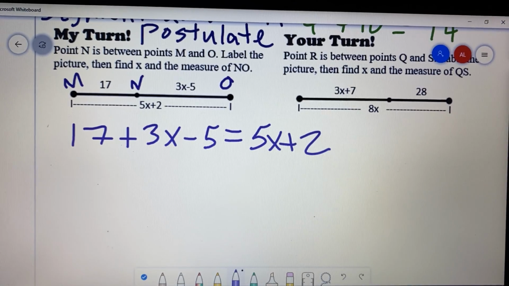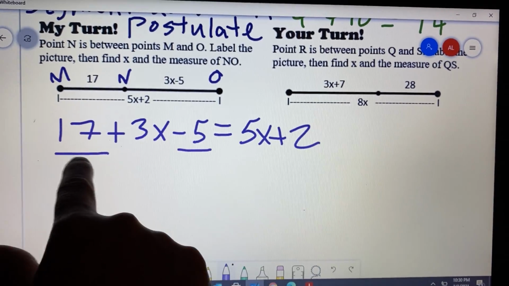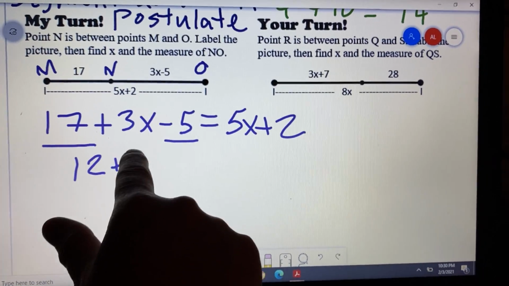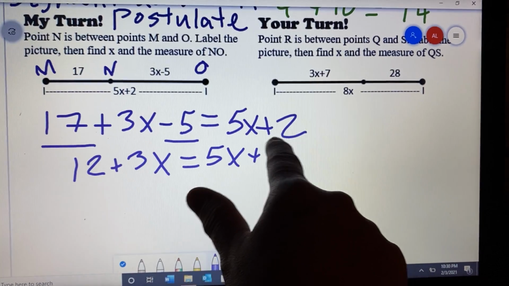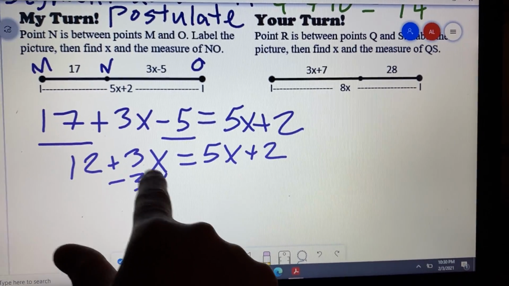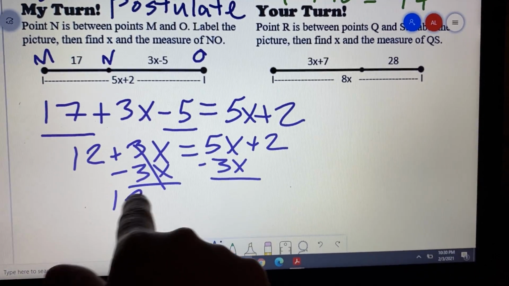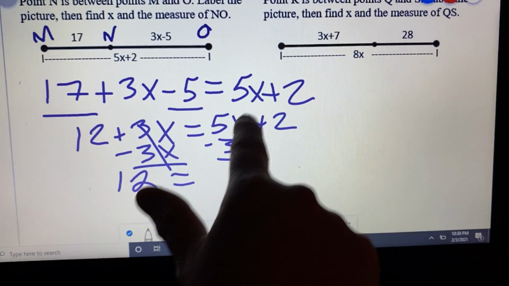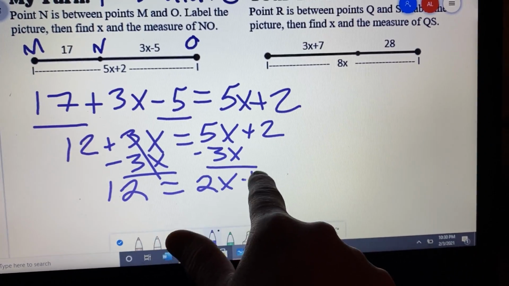And then we just solve it using algebra. So we can say 17 minus 5 is 12. So 12 plus 3x equals 5x plus 2. Then you want to put your x's on one side, so I'll subtract 3x. And we get 12 equals 5x minus 3x is 2x plus 2.